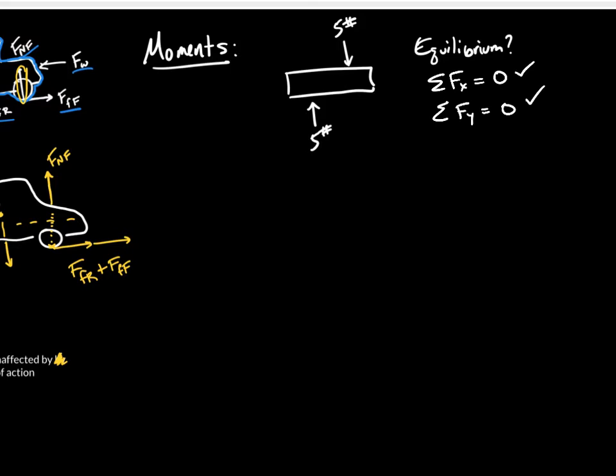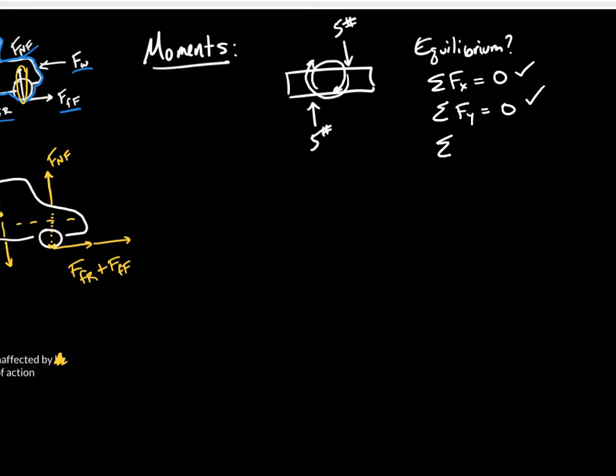If you were to let this thing go, it would spin. This force is going to cause it to spin this way, and this force is going to cause it to move in the same direction. So they're both going to cause it to spin in the same direction. It's going to be like your little fidget spinner. So what needs to happen is that the tendency for this thing to spin due to those forces also needs to add up to 0.